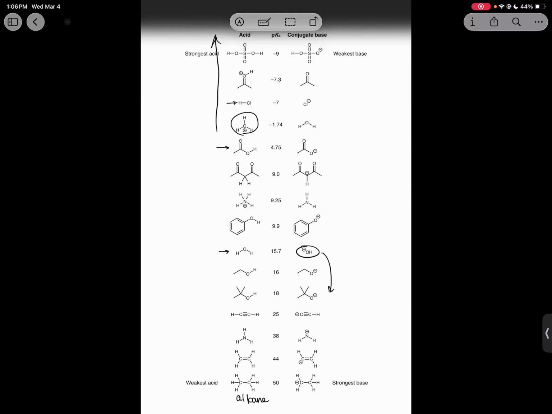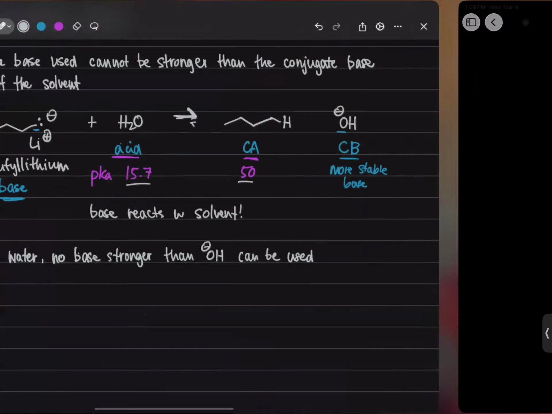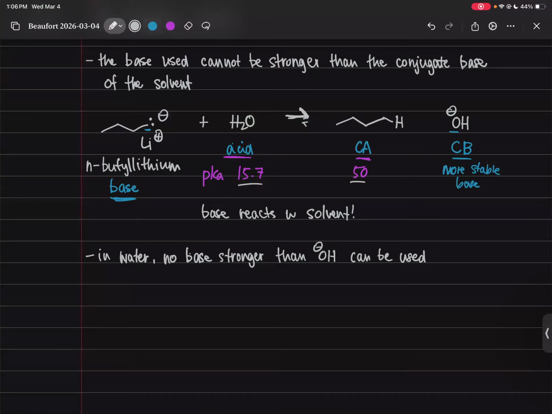None of these bases are acceptable for use in water because they will react with water and generate hydroxide, and then hydroxide is the base that's in solution. So it would be overkill, essentially. And if you're wondering about the lithium here, that's going to be associated with the hydroxide, so when you do this reaction, you get lithium hydroxide. Really expensive.